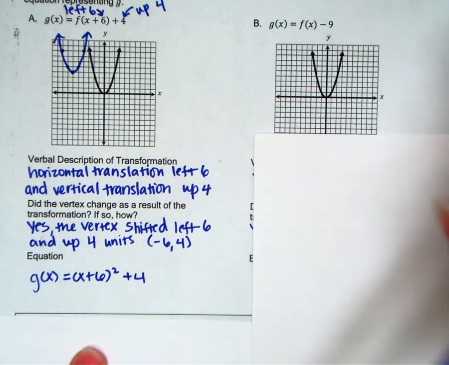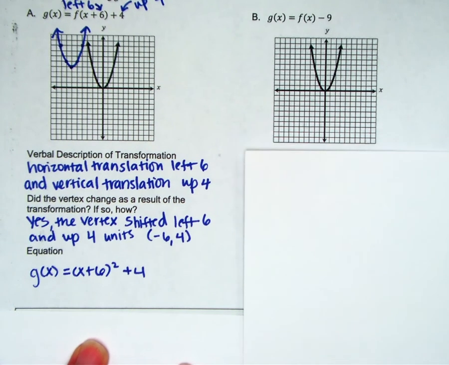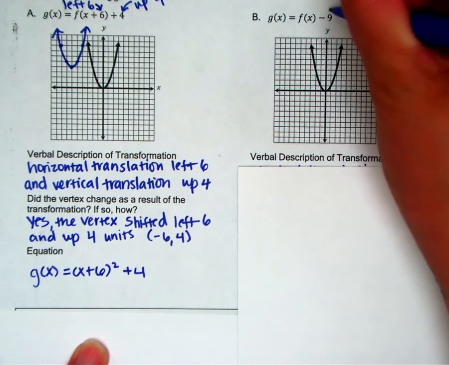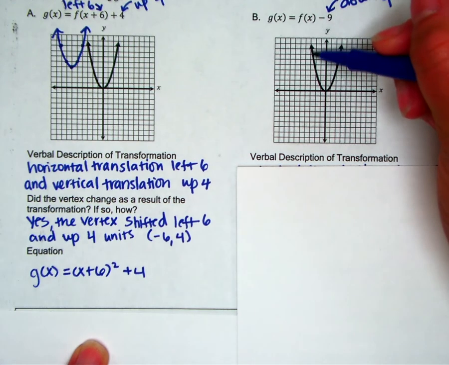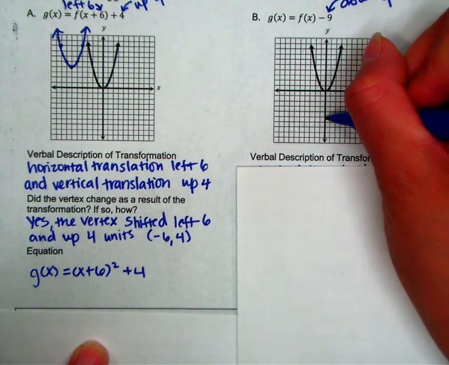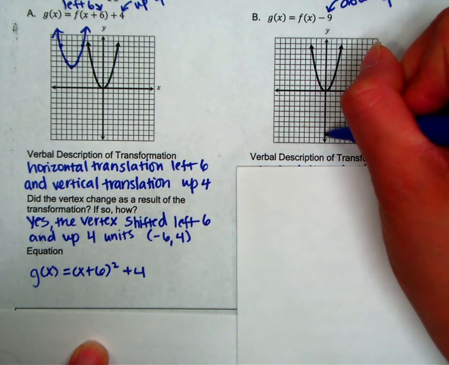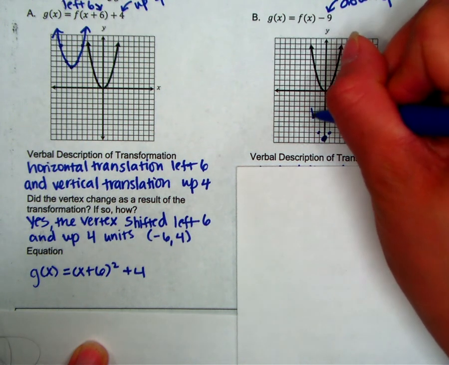In the next example, you have g of x equals f of x minus 9. So the -9 on the outside, you want to recognize that you're moving down 9. So this is your quadratic parent function. I'm going to go down 9 from the vertex. 1, 2, and then up 1 over from here.